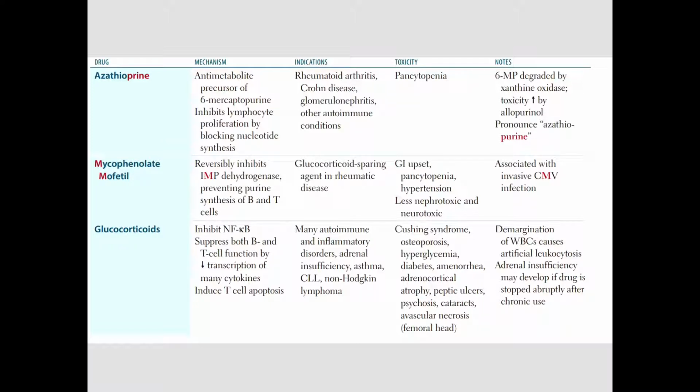And also we do have mycophenolate mofetil, which blocks purine synthesis through specific enzyme inhibition, and this will lead to a decrease in T cells and B cells. And we can use it in transplant rejection reactions to prevent mostly acute rejection.